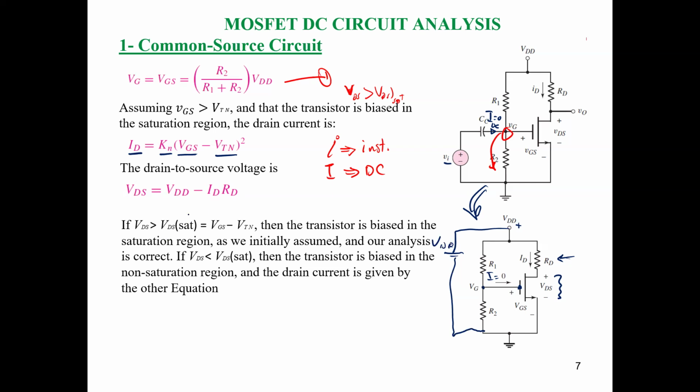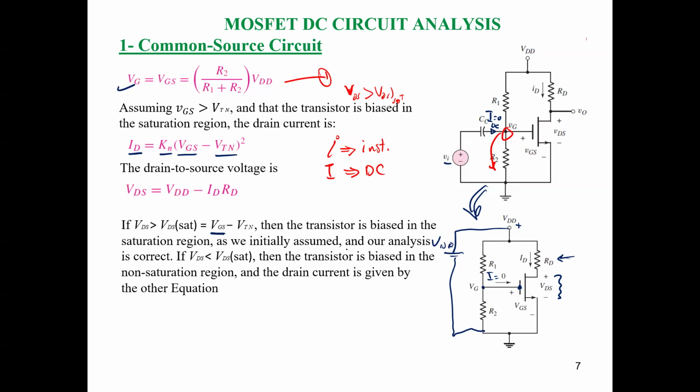So here we can say if VDS is greater than VDS saturation, which is VGS minus VTN, and again VGS here, as you can see, is a capital letter, the DC component of VGS, which we already calculated here, then we can say our transistor is biased in the saturation region, as we initially assumed.